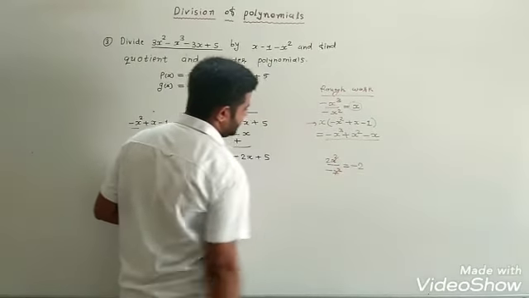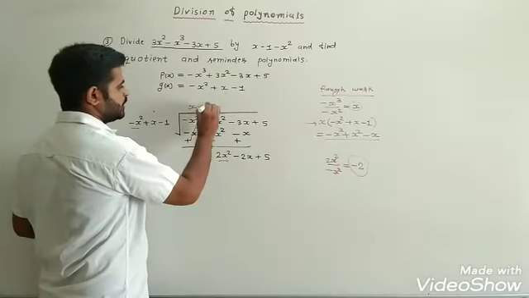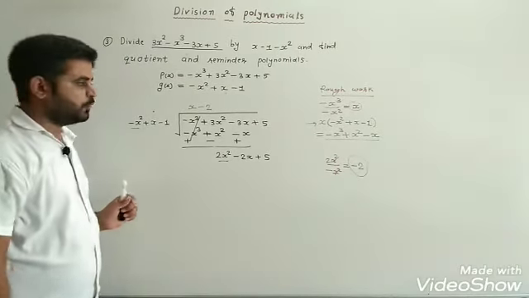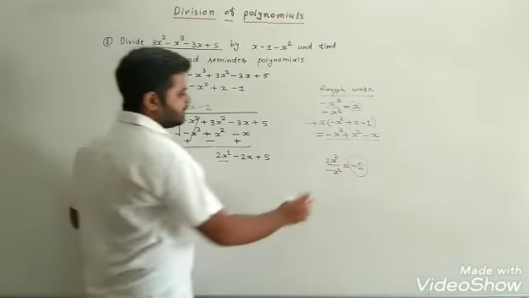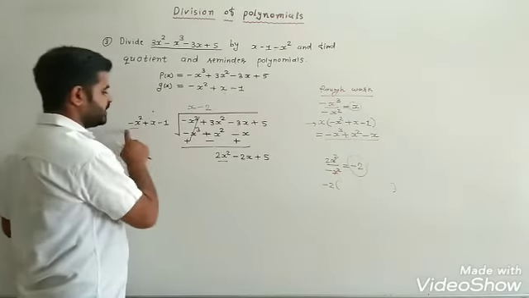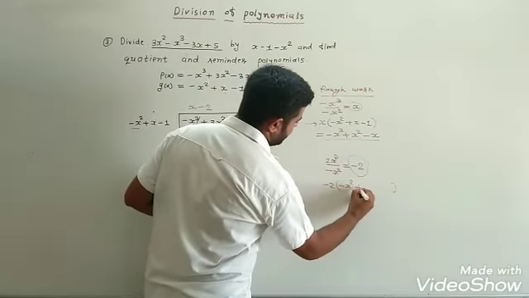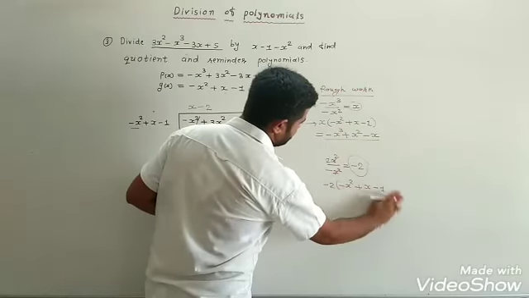So the answer is minus 2. So you have to put this minus 2 here. Now you have to multiply this minus 2 with the whole g of x, which is minus x square plus x minus 1.